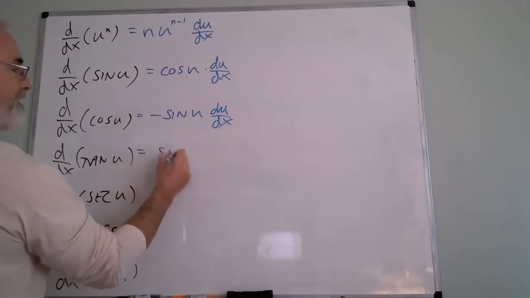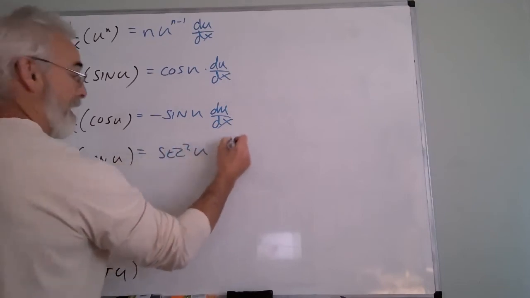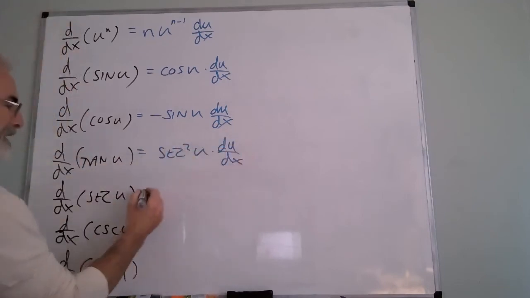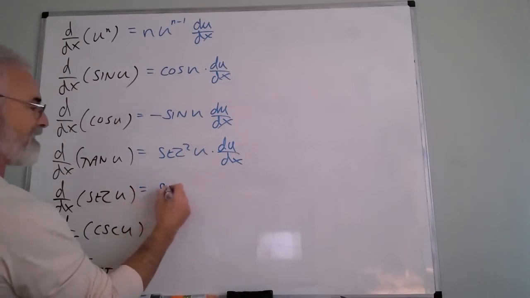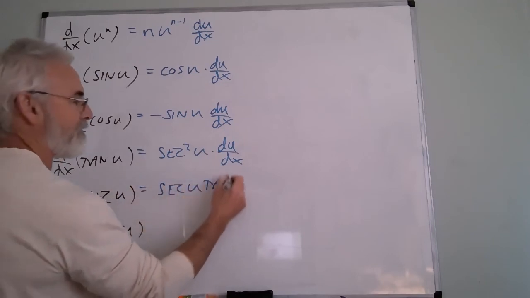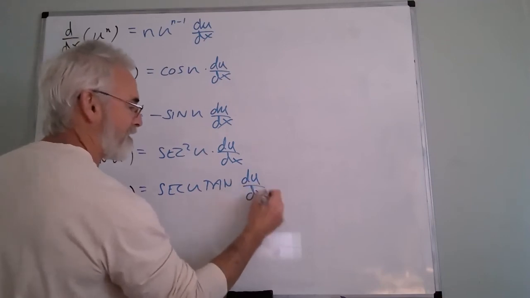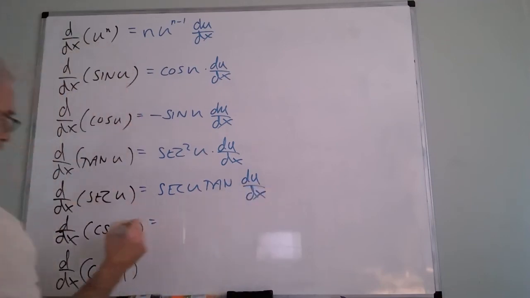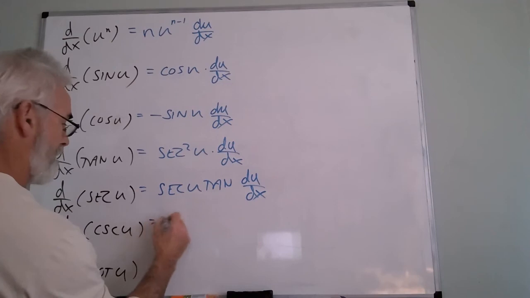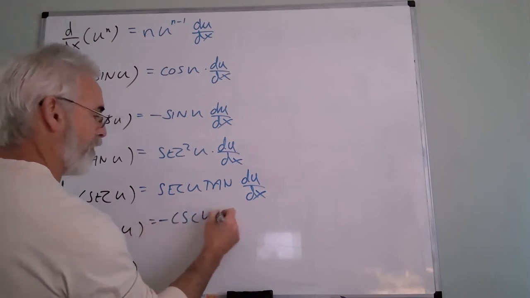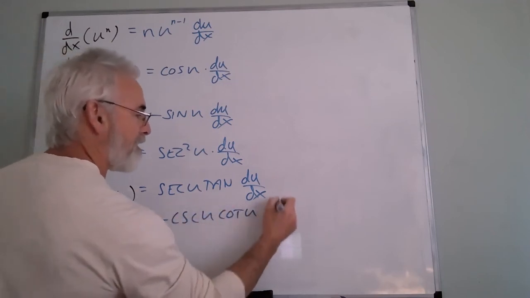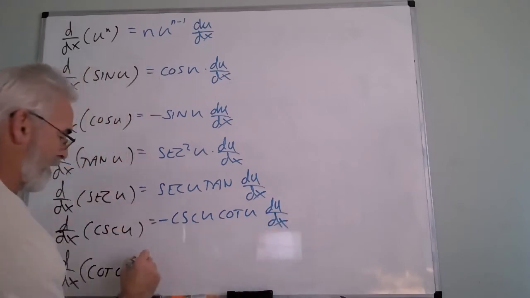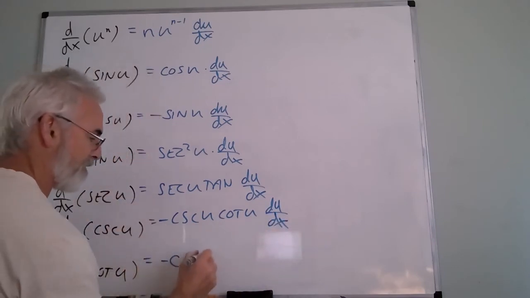This would be the secant squared of u times du dx. You see a common theme here. This would be the secant of u tangent of u times du dx. This would be the negative cosecant u cotan u times du dx. And the last one would be the negative of the square of the cosecant of u.